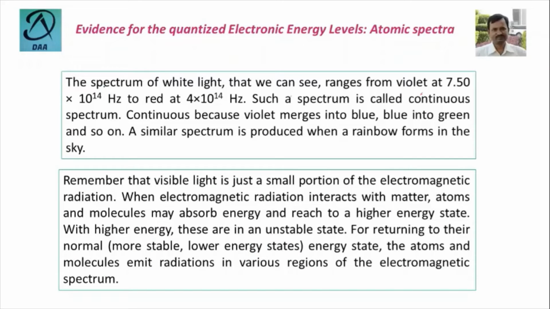The spectrum of white light ranges from violet, which has the shortest wavelength, at 7.50 multiplied by 10 to the power 14 Hertz, to red, which has the longest wavelength, at 4 multiplied by 10 to the power 14 Hertz.